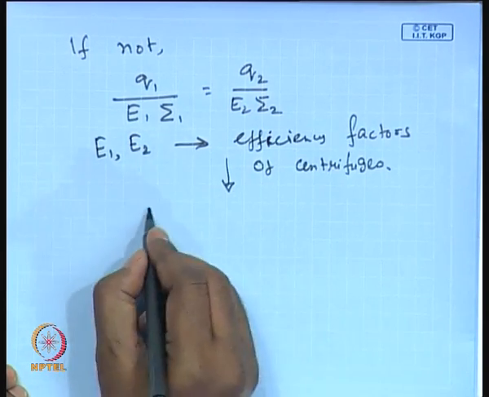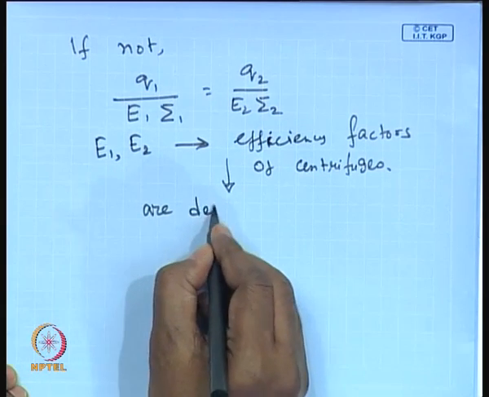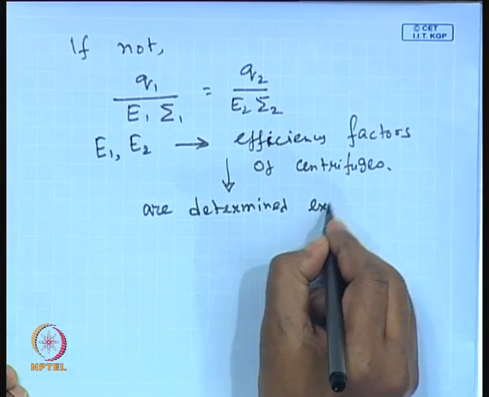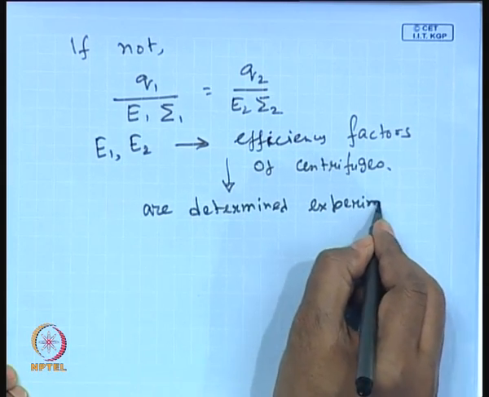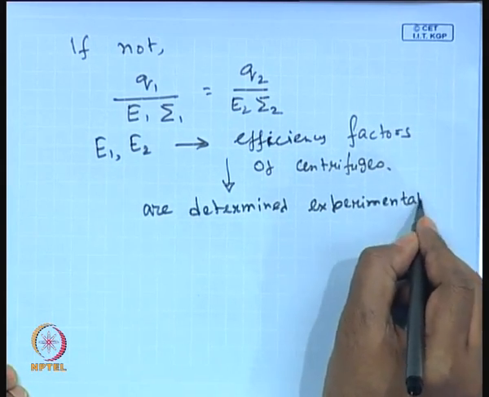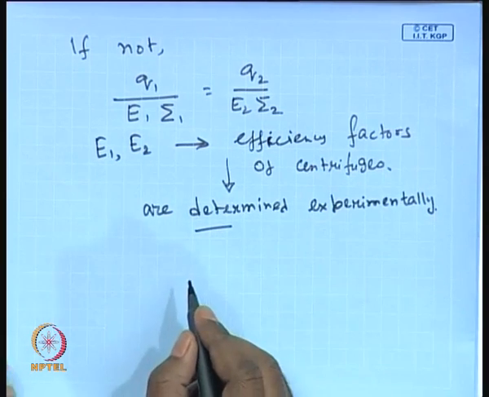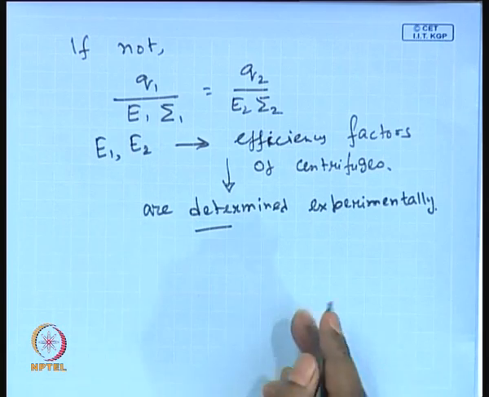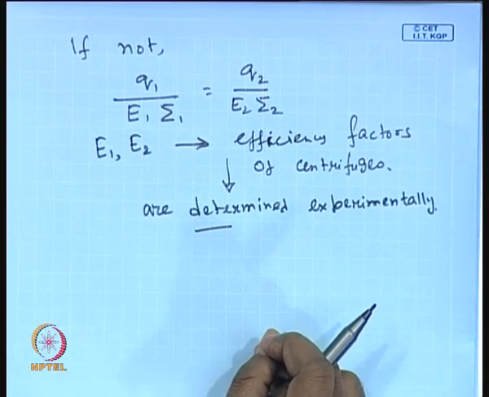These factors are determined experimentally. So, using this concept of sigma value, one can scale up a centrifuge from a lower version to a higher version, which can accommodate more flow rate and more separation. In fact, we will be solving some example problems on this.